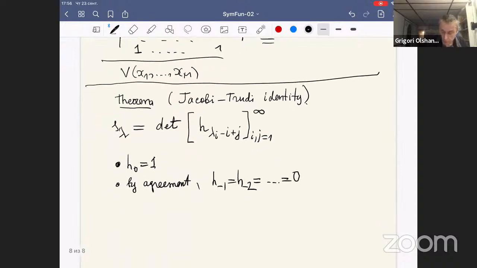And because of this definition, look at this matrix. I claim that this matrix has the following form. In principle, it is an infinite matrix.